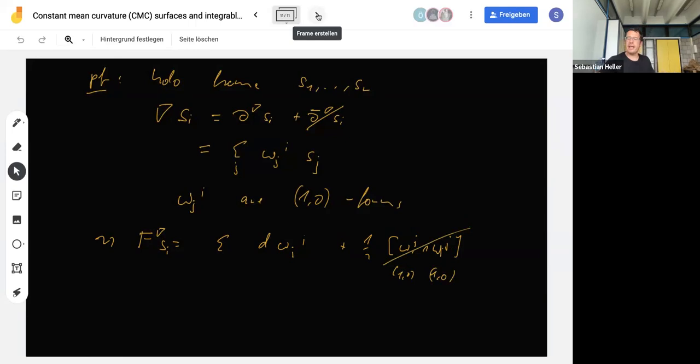So we just get the exterior derivatives of these 1,0 forms, and this vanishes if and only if all the connection 1 forms omega_ij are closed, and this is equivalent to the fact that they are holomorphic.